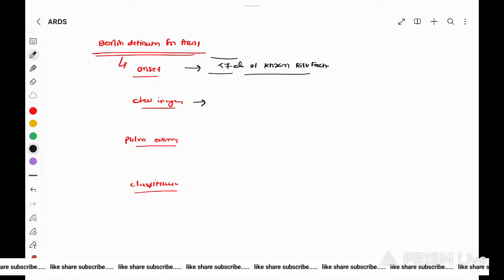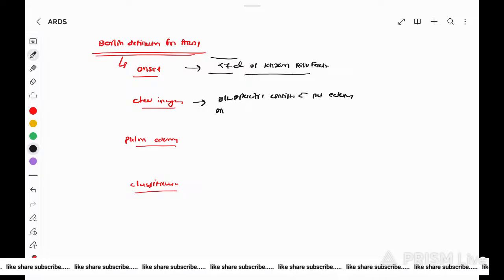Then chest imaging shows bilateral opacities consistent with pulmonary edema on chest radiograph or CT scan.